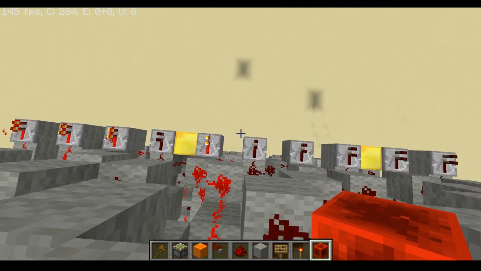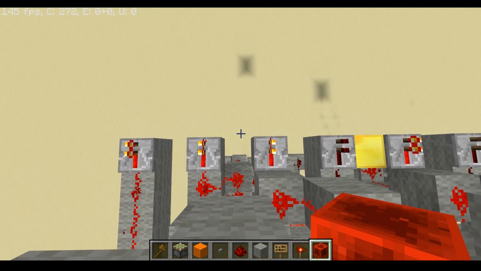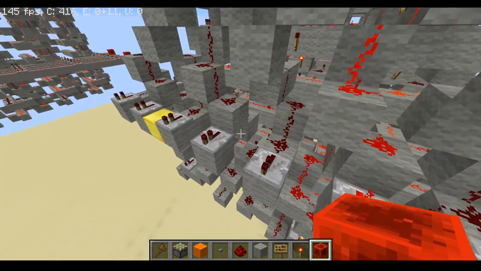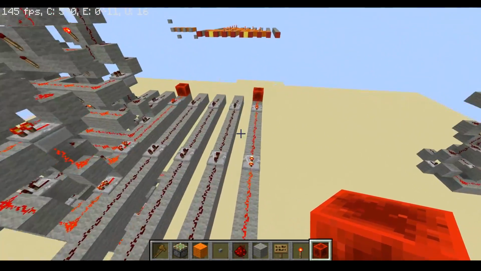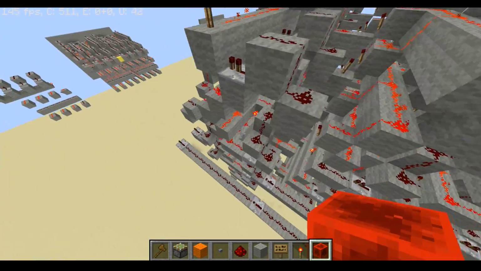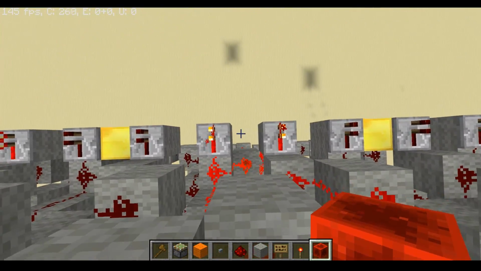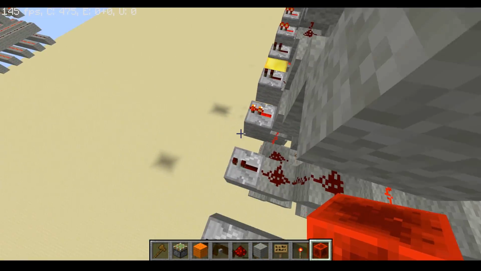So it would output a 1 in the tens place and a 7 in the ones place. And the places are divided by this gold block. So if we just take the number 64 and just put it over here, then it would output a 6 in binary in the tens place and a 4 in binary in the ones place.